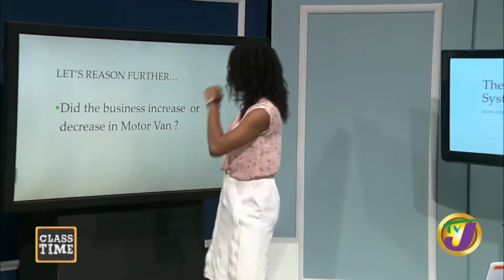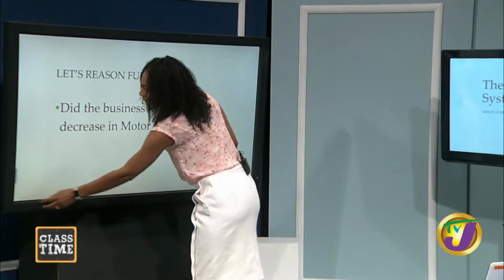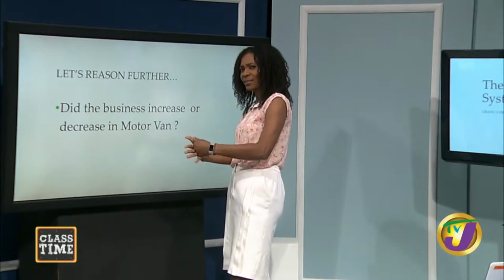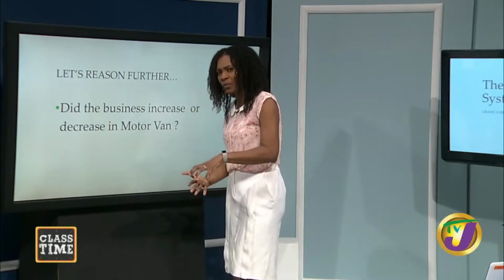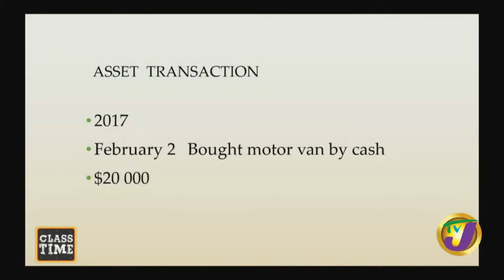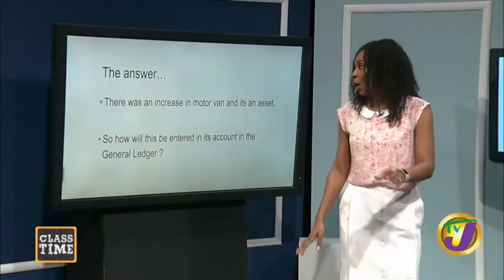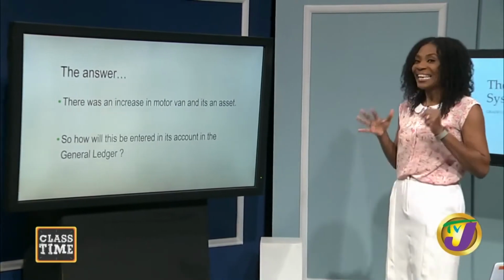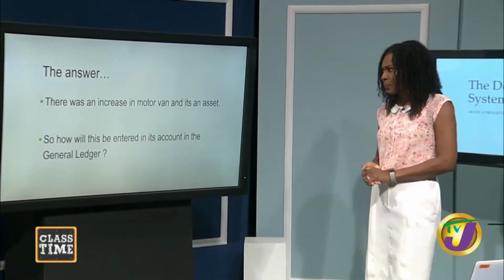Continuing. Did the business increase in motor vans, or did it decrease in motor vans when they bought the motor van? I believe that you know the answer. Yes, there was an increase in motor van, and motor van is an asset.